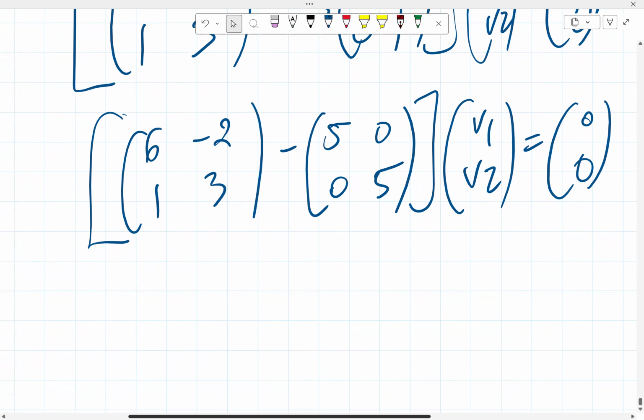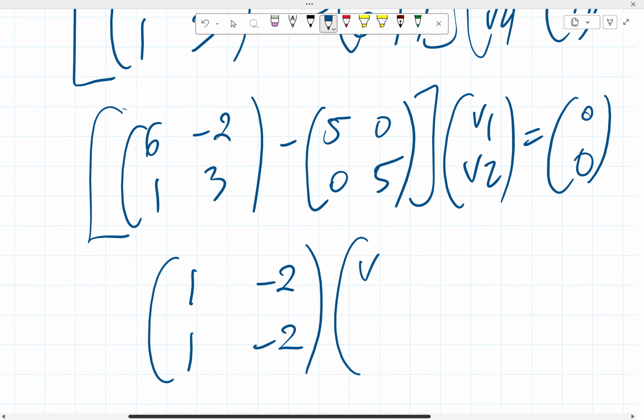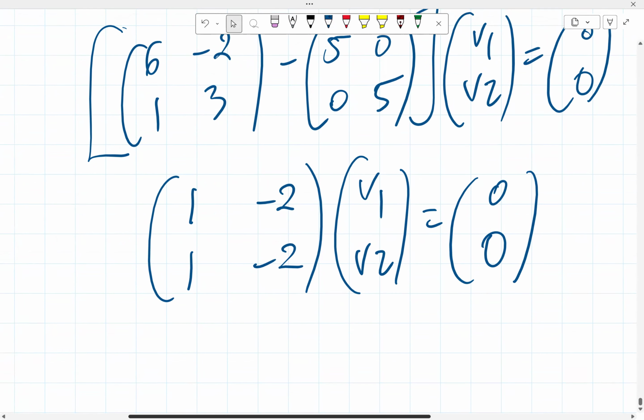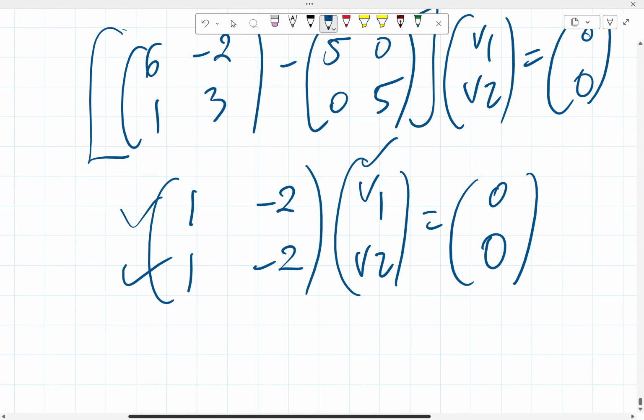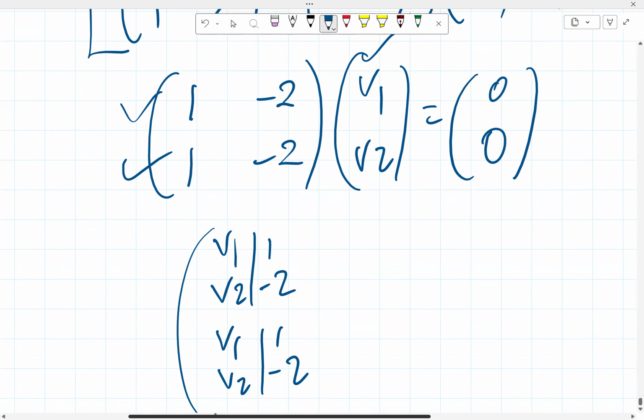Next we have 6 minus 5, that's 1; minus 2 minus 0, that's minus 2; 1 minus 0 is 1; 3 minus 5 is minus 2 again. So we have two rows here and one column, so we write the column twice: v1, v2, v1, v2. So we have 1 minus 2, 1 minus 2, equal to 0, 0.